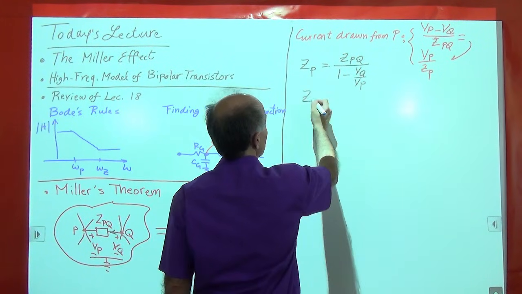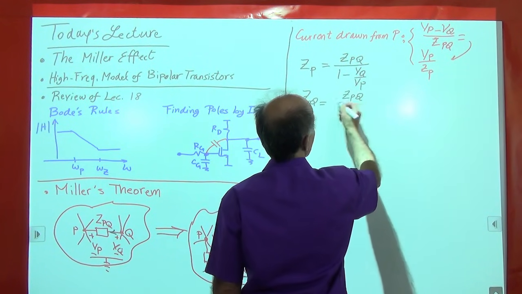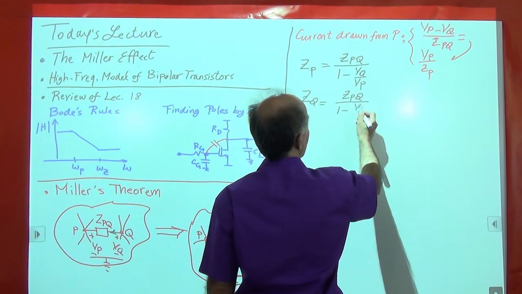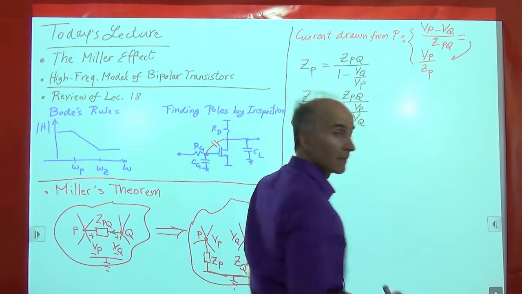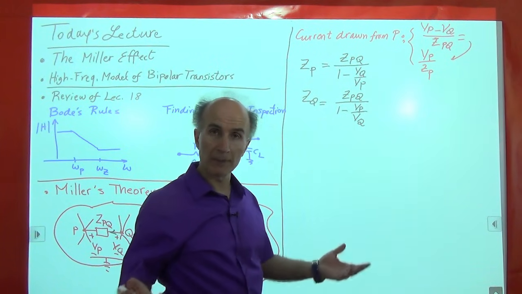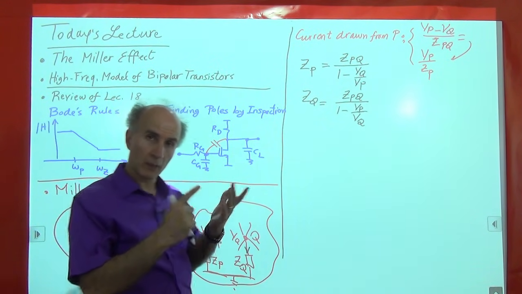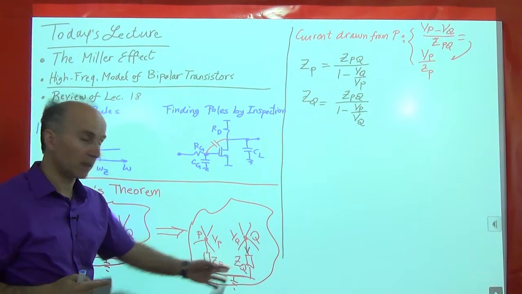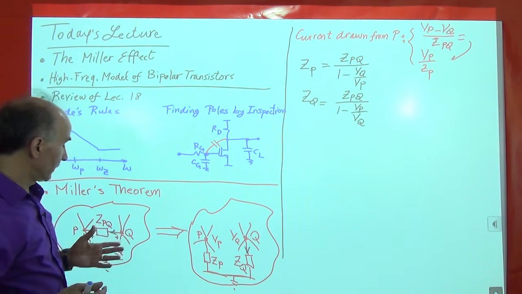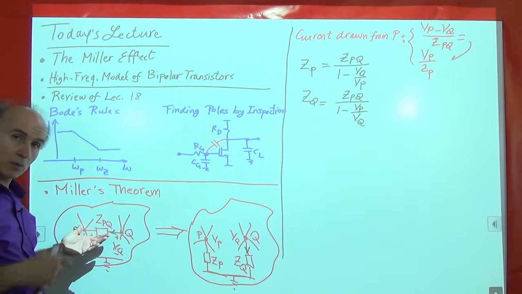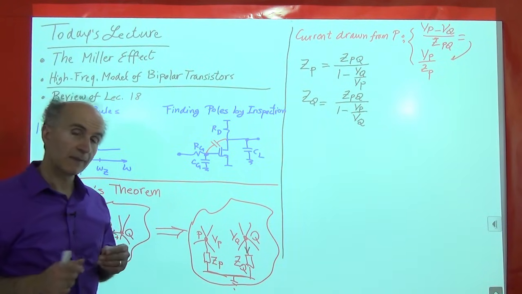So ZQ will be ZPQ divided by 1 minus VP over VQ. Okay, so very simple. Because we already know VP, VQ, and ZPQ, we can find the new impedances, these grounded impedances. And once we are there, the circuit has been reduced from this case, which was more complicated to analyze, to this case, which is hopefully simpler to analyze.